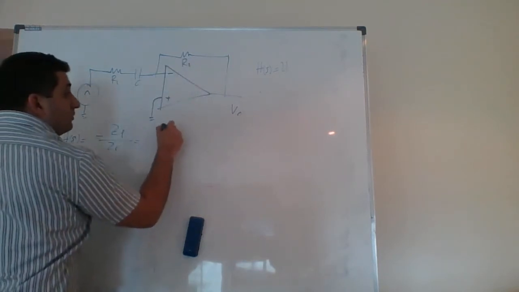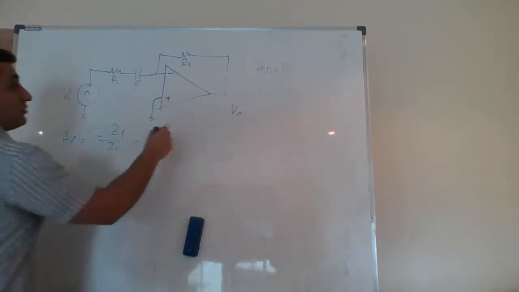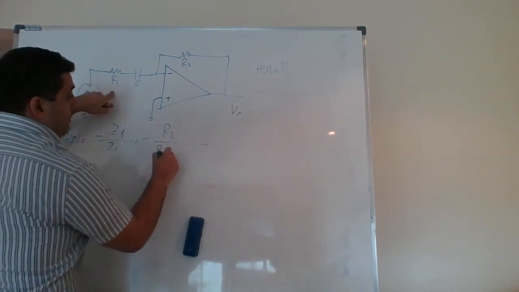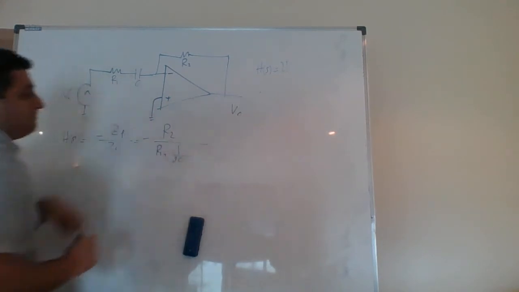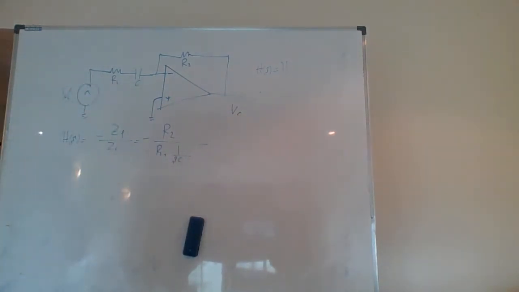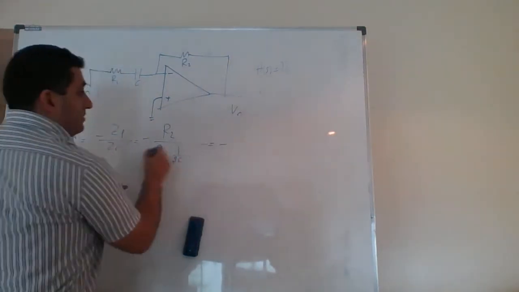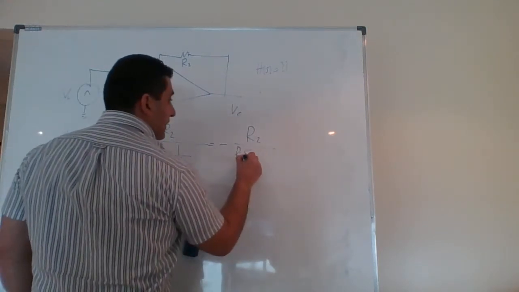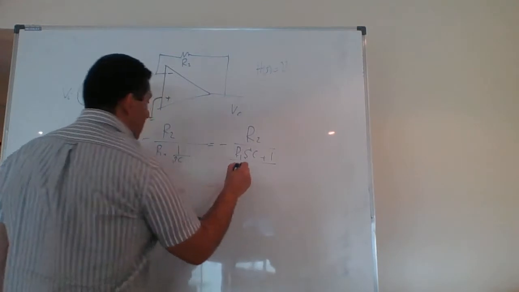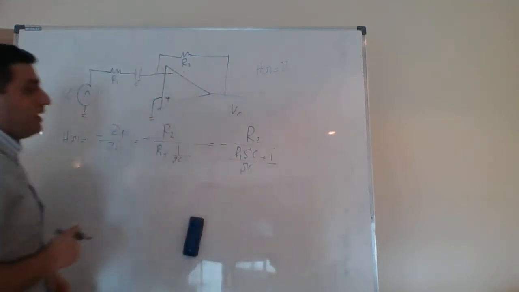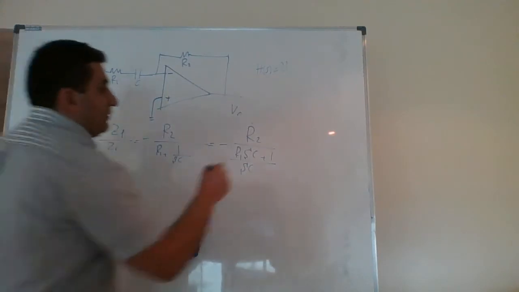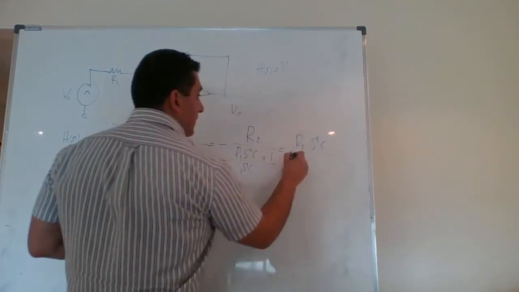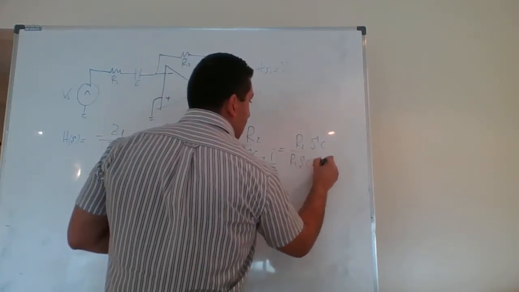ZF in this case is R2, divided by ZI, which is R1 plus 1 over SC. Let's do it step by step: minus R2 divided by (R1 SC plus 1) over SC, which is equal to R2 SC divided by R1 SC plus 1.